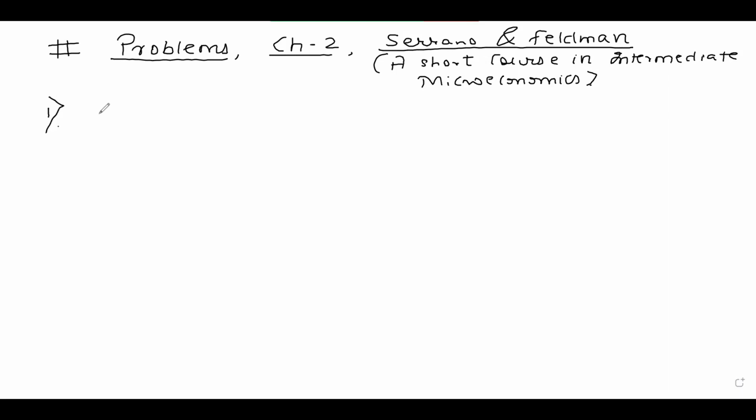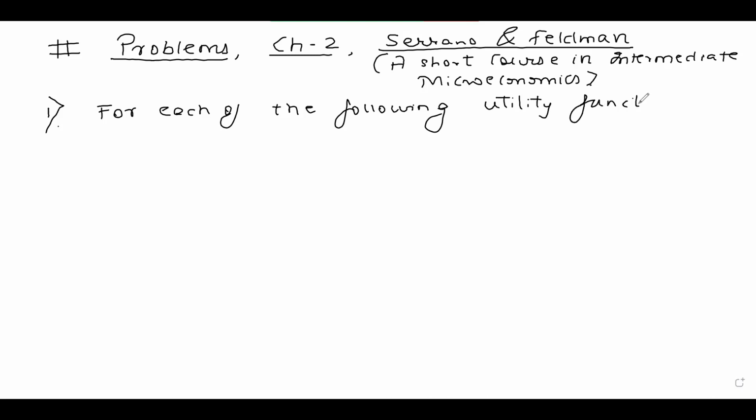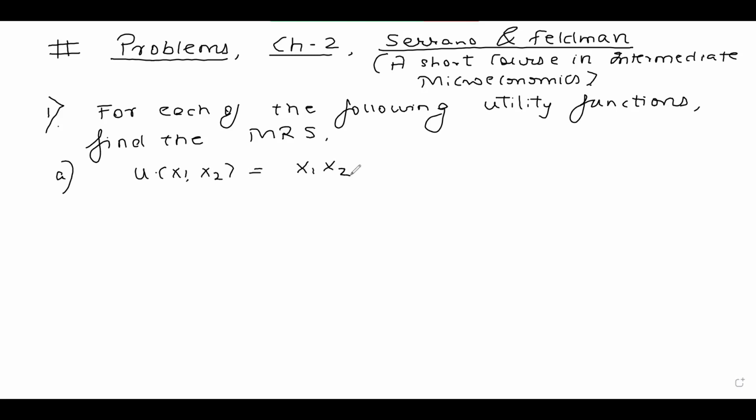For each of the following utility functions, find the marginal rate of substitution, MRS. So we are given the first utility function u as a function of x1, x2 is x1 times x2.